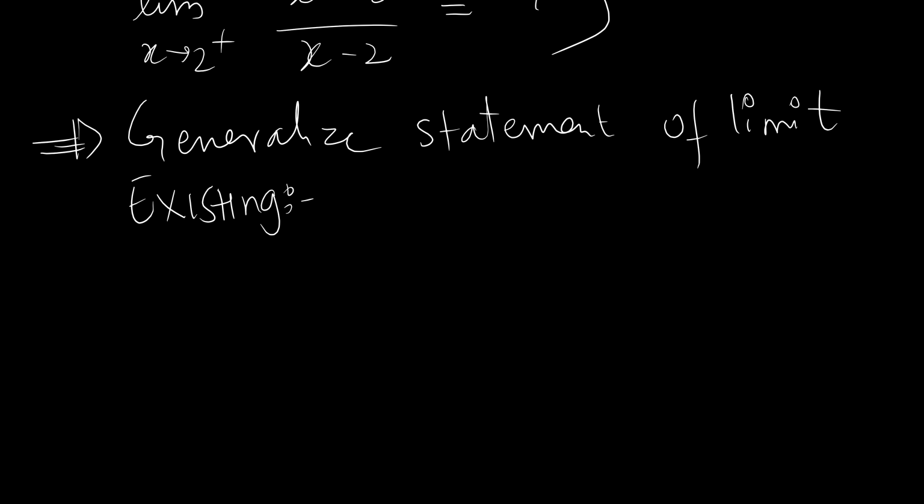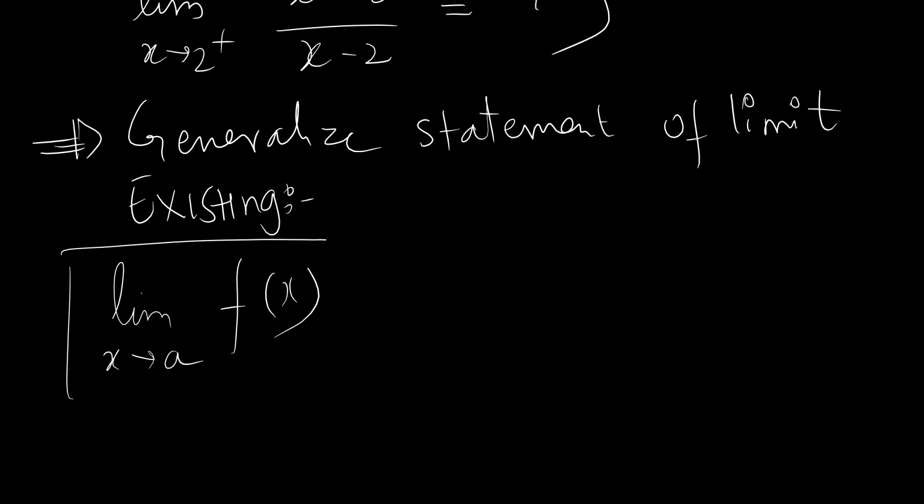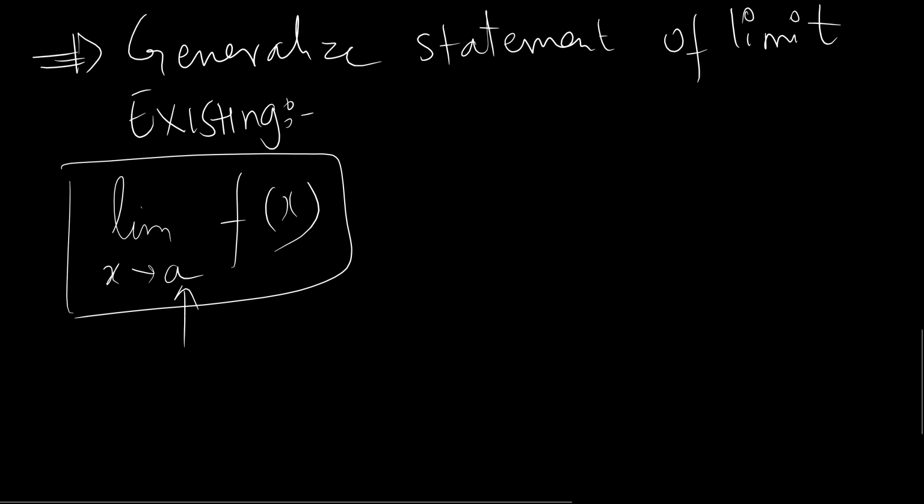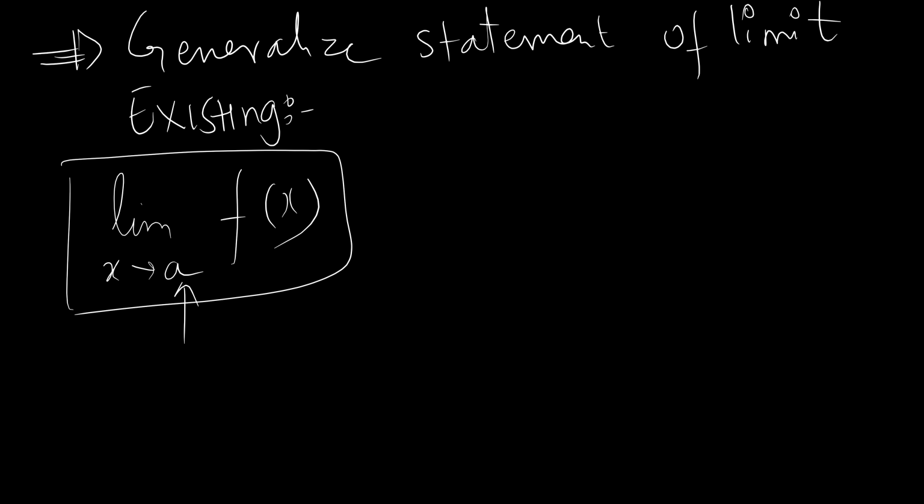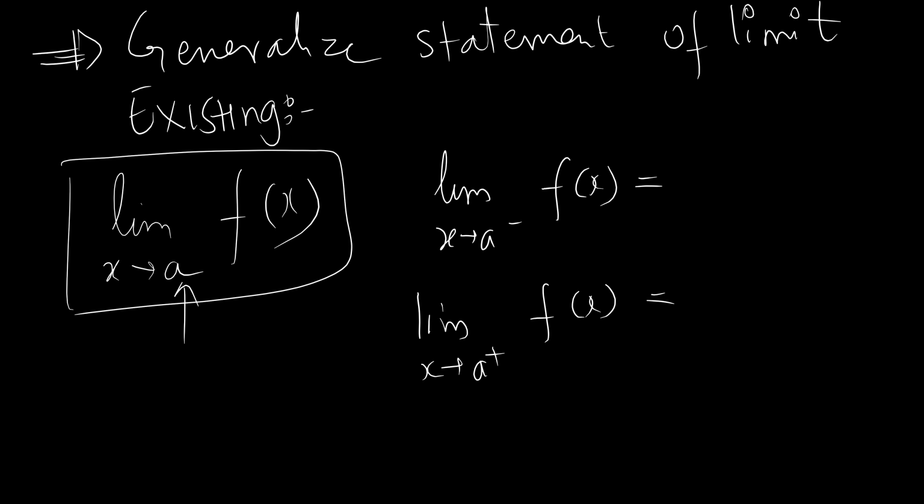So for example, let's take limit x tends to a, and we have to find this limit. f of x can be anything, and a can be anything, like a constant or infinity or 0. So what we do in this case is we find the limit of x tends to a minus of f of x, and the limit of x tends to a plus of f of x. In this case these two limits were not equal, right?